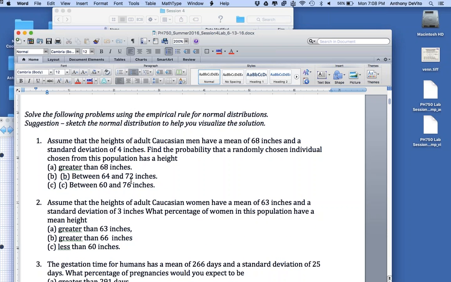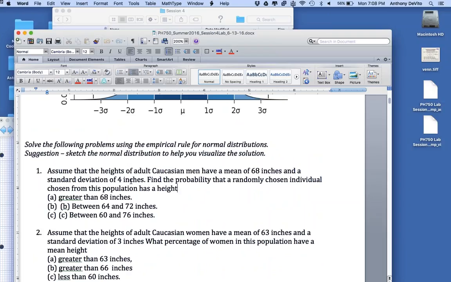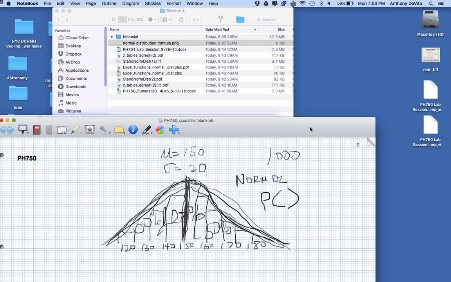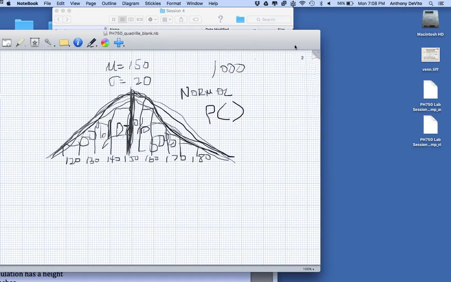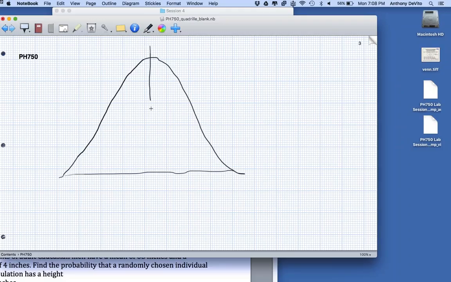Okay, so between 64 and 72 inches. For that, I'm going to actually sketch something. Let me move this out of the way. I'm going to draw a normal distribution, or kind of a normal distribution. What did I say the mean was for the heights? 68 inches, right? That's mu.